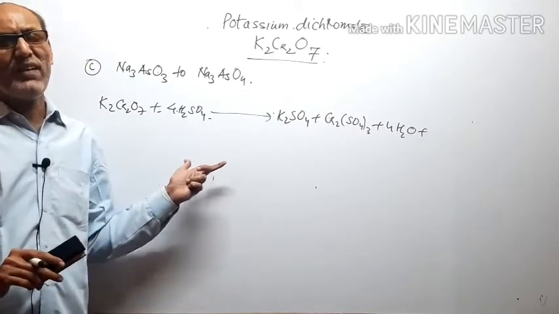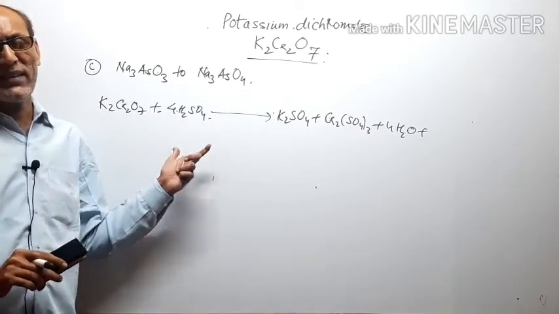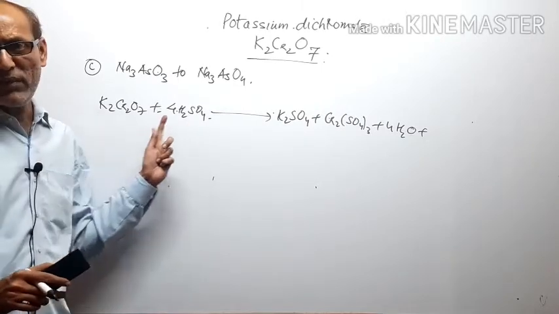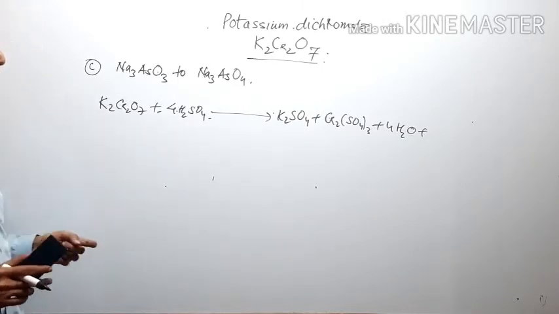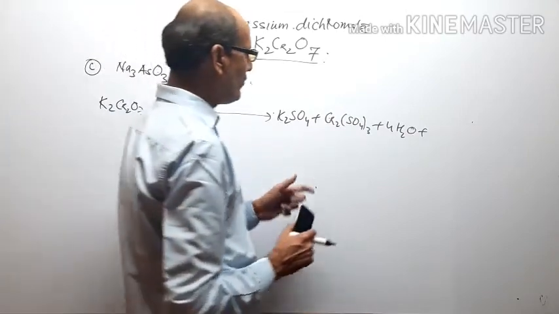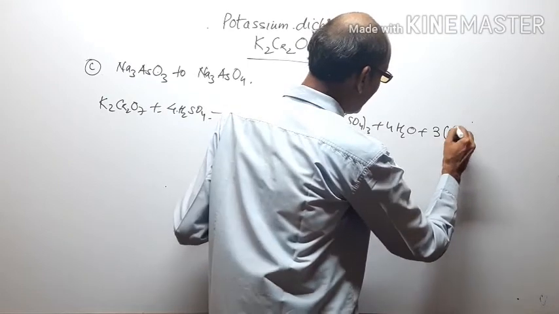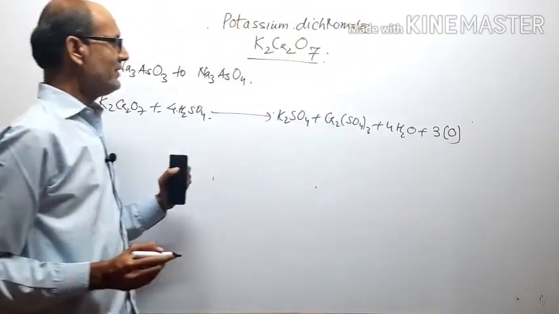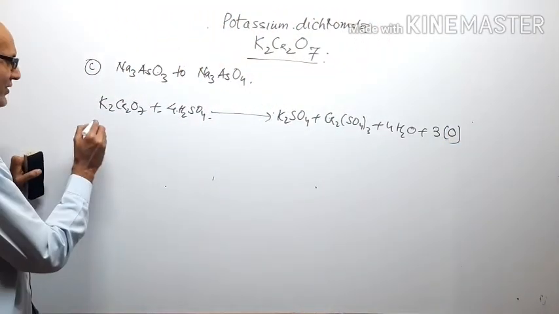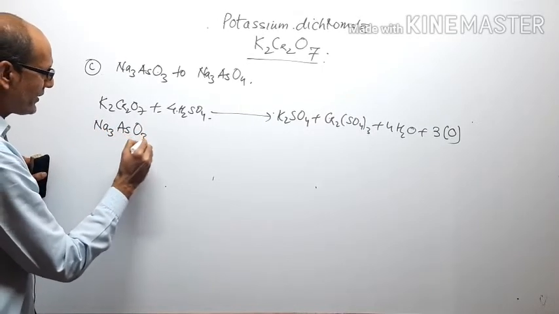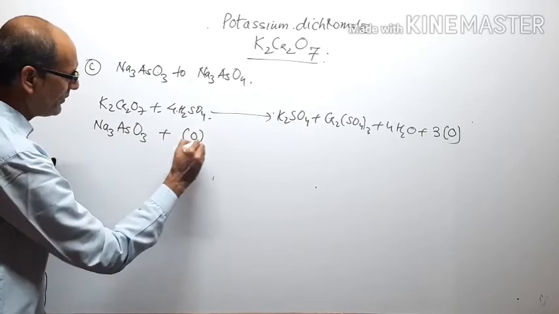We have to write the first equation similarly in all the cases. First of all, we will write K2Cr2O7 plus 4H2SO4. So you will get K2SO4, Cr2(SO4)3 plus 4H2O plus 3 oxygen. Now the sodium arsenite, Na3AsO3, undergoes oxidation.